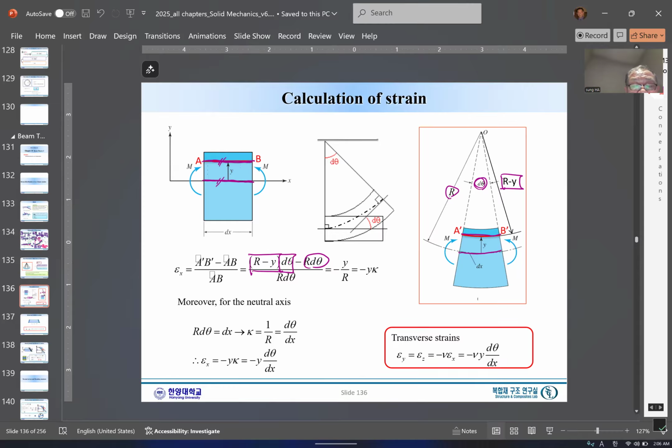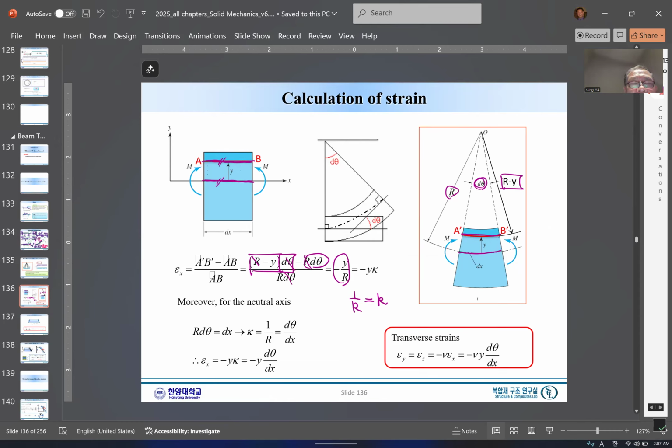The deformation divided by the original length R d theta, and then simply R d theta disappears, and this theta disappears. So minus y divided by R, and 1 over R is defined as the curvature, because the more we bend, the radius will reduce.